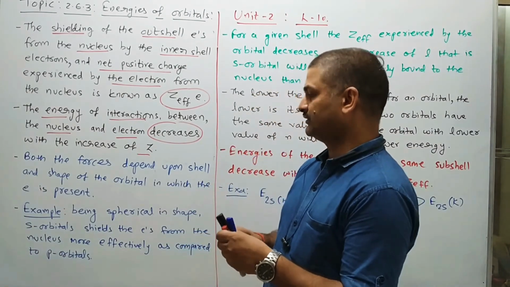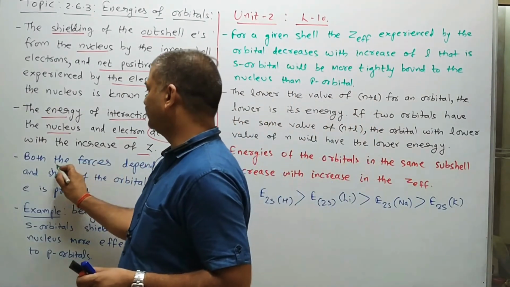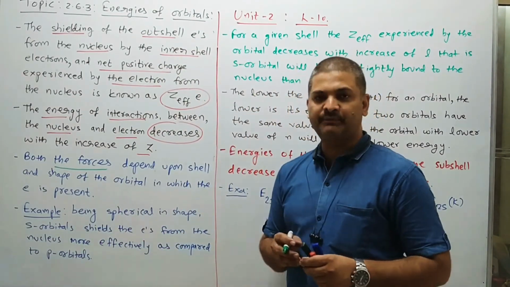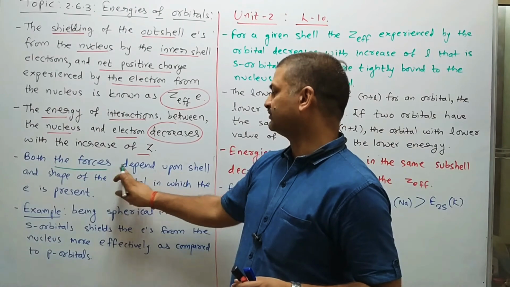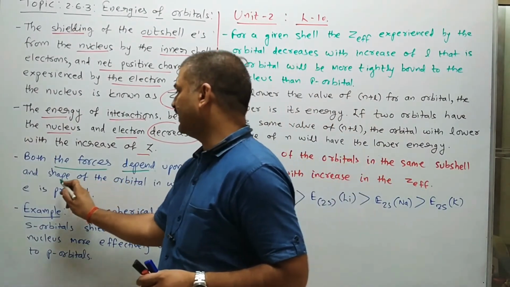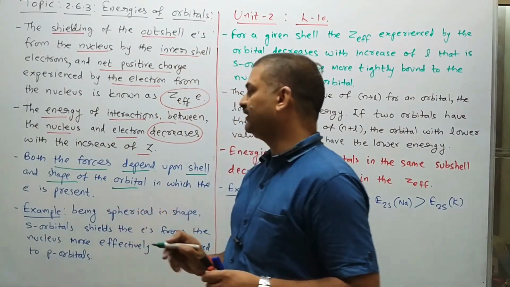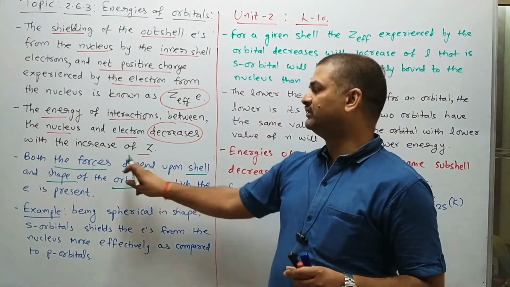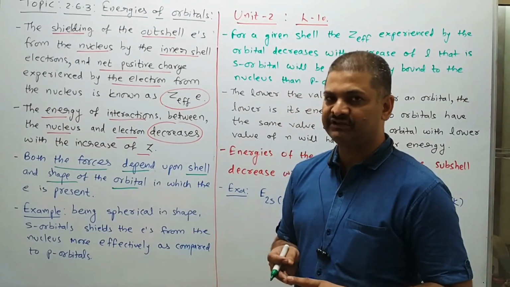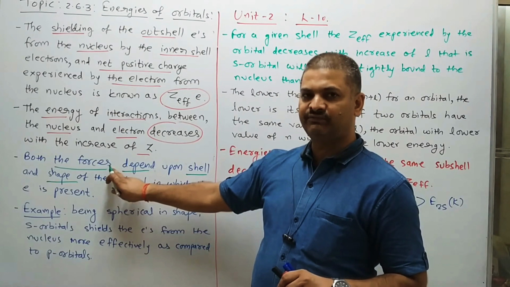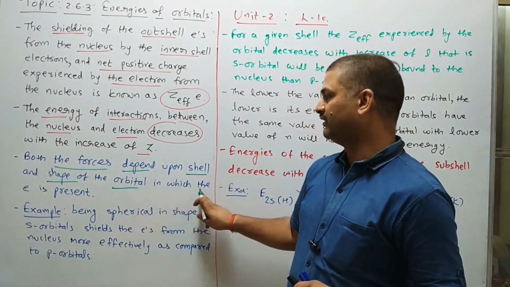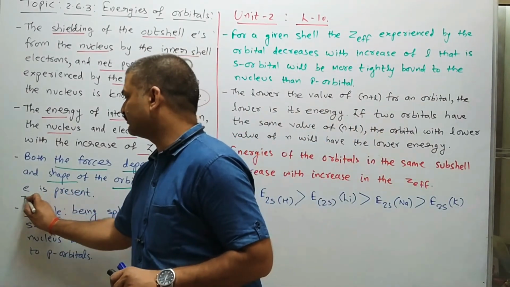Now next one, both the forces. यहाँ पे देखो word दिया है, both the forces. तो which type of force? Attractive as well as repulsive. So both the forces depend upon the shell and shape of orbital. Clear? The attractive and repulsive forces depend upon shell and shape of orbital in which electron is present.